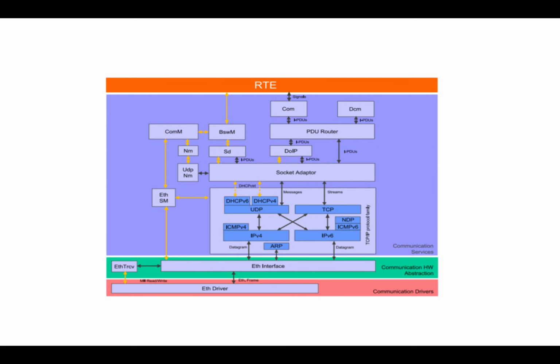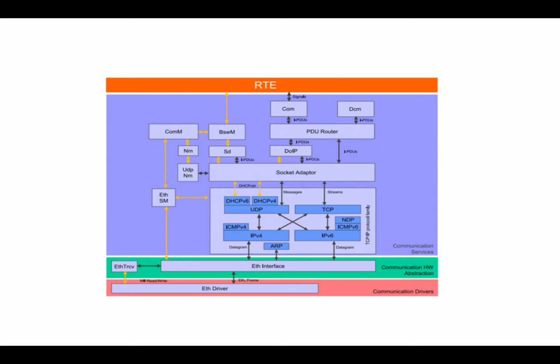But in case of Ethernet, it is not possible to directly route it to the Ethernet interface, because the TCP/IP stack is socket-based communication. So the PDU based communication, or PDUR, cannot directly route it to the Ethernet interface.